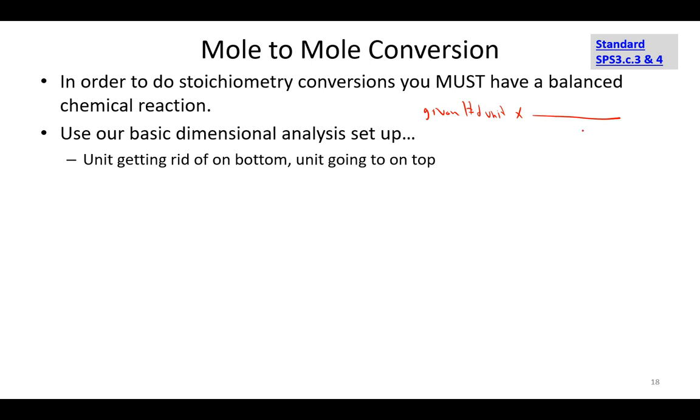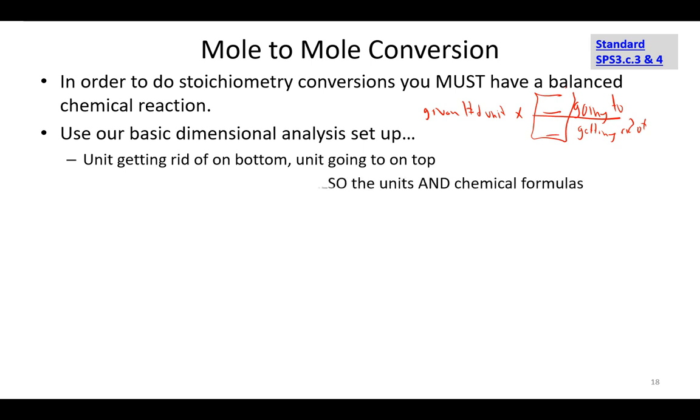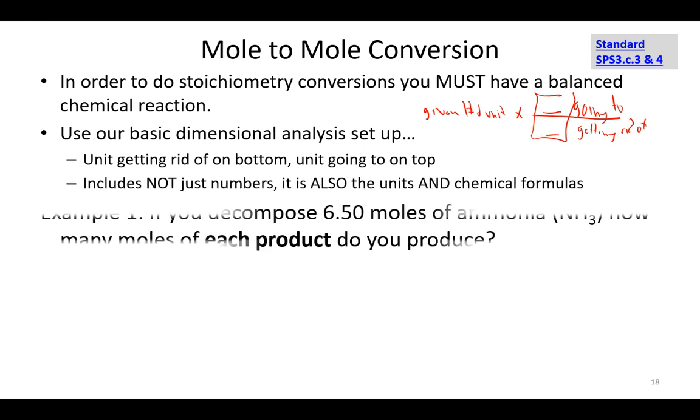Whatever unit you're getting rid of goes on bottom, the unit that you're going to goes on top, and these numbers come from your coefficients, especially for that mole ratio. Try and get in the habit of including your chemical formulas.